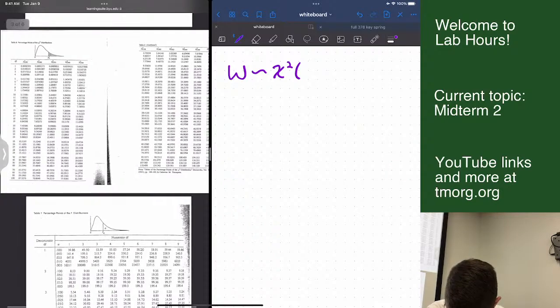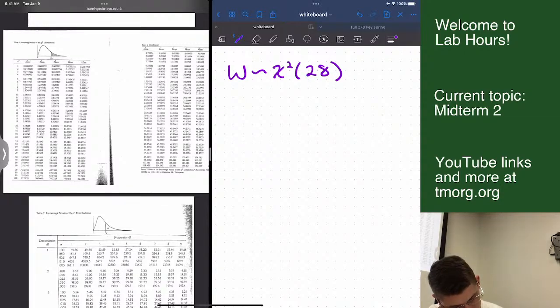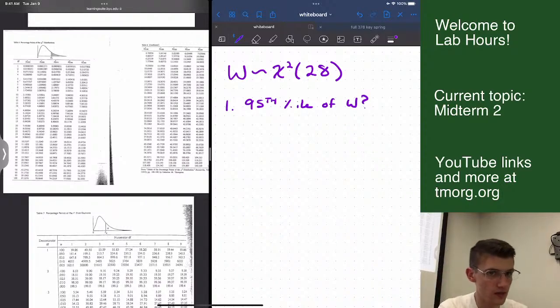Maybe you don't want 32. Maybe you want 28. I like 28. Can we find, first of all, what is the 95th percentile of W? Just going to throw that out there.